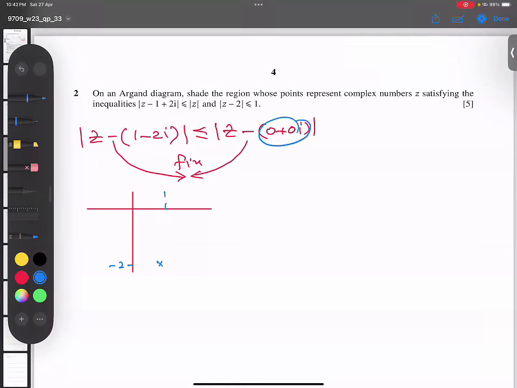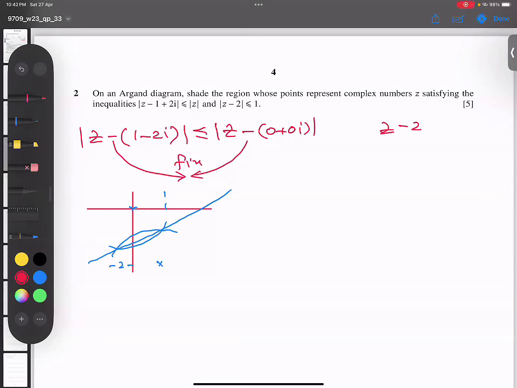And what is the second point? 0, 0. So 0, 0 here. I will draw a perpendicular bisector: put the needle here, make an arc, put the needle here, make an arc. I get this kind of line. I just draw roughly, inshallah. After this I'm going to do the neat work, but in the exam it is just rough work.